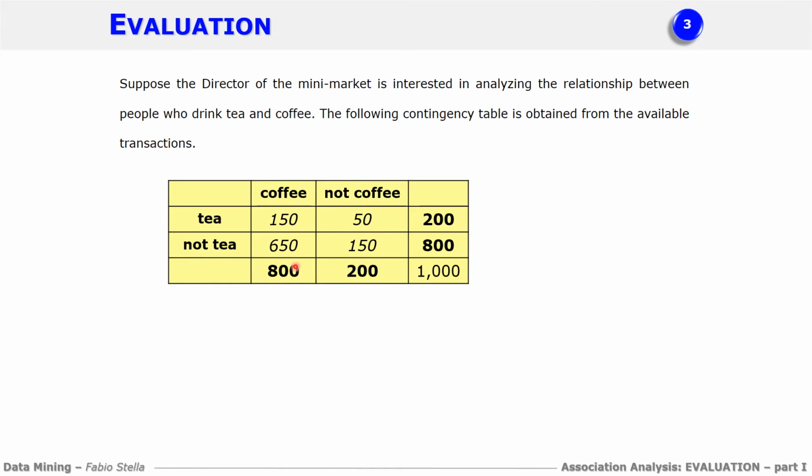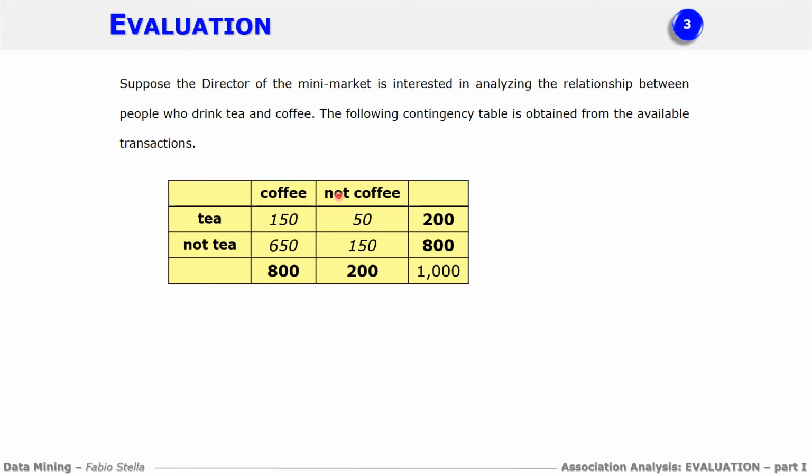This is the contingency table. In particular, the transactions dataset consists of 1,000 transactions. And we have that the item tea is associated with item A of the previous contingency table, while the item coffee is associated with the item B of the previous contingency table.